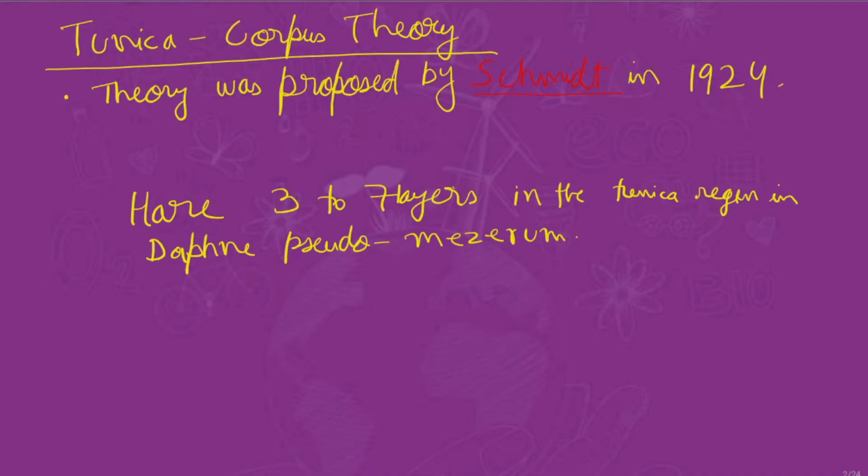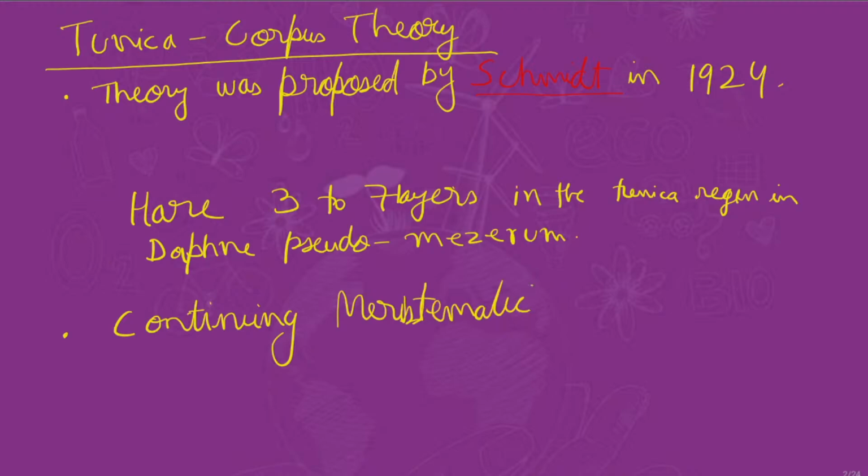The fourth theory is continuing meristematic residue, CMR.